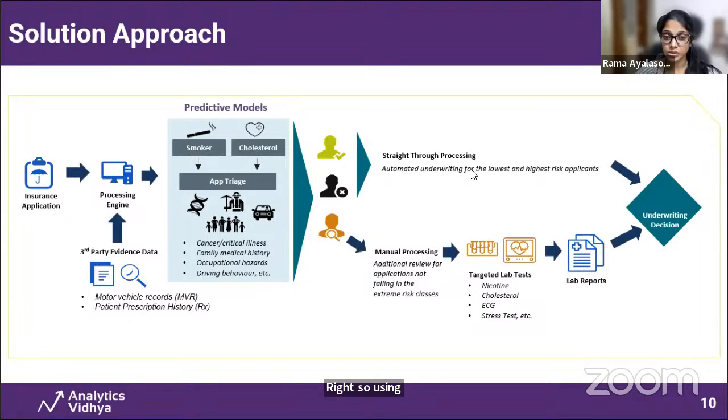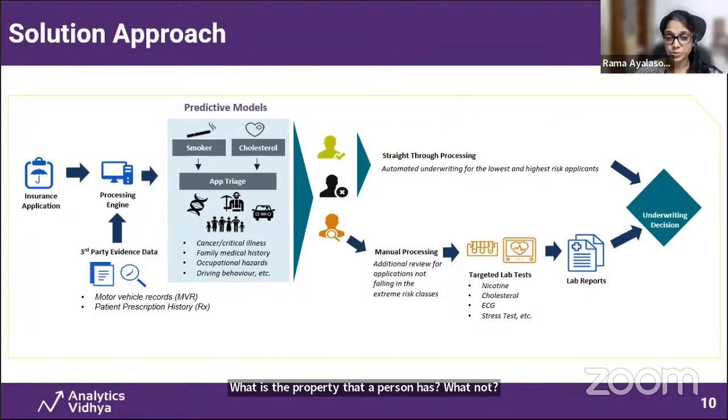And then similar to this, the one shown here as cholesterol indicates that, based on again his RX data, application data, and all the things he filled out, what is the cholesterol level of a particular person.